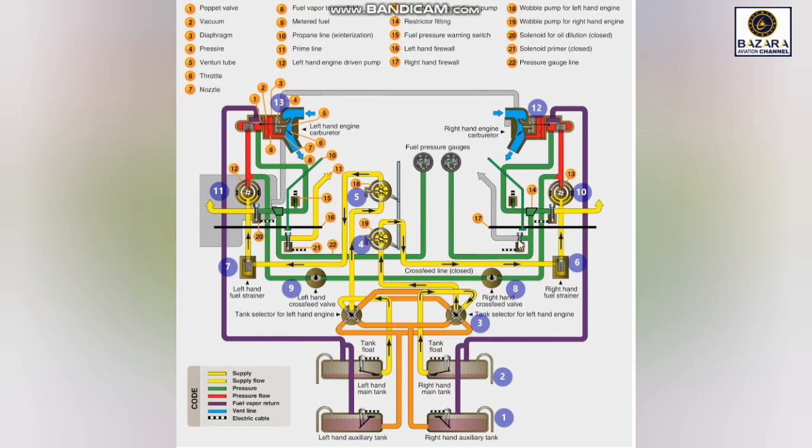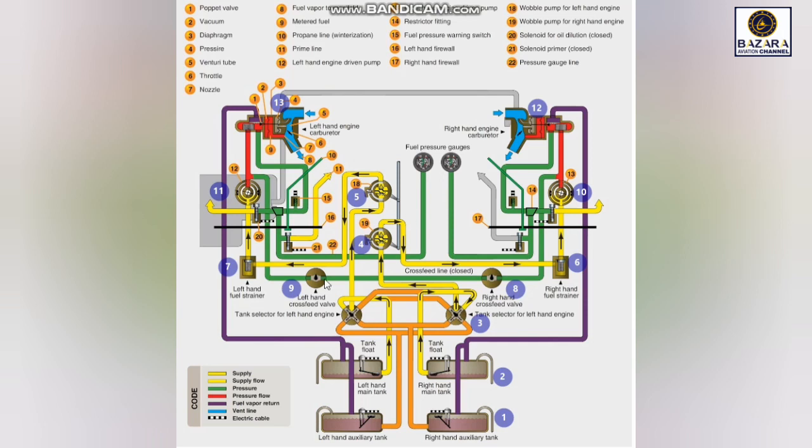So if the left engine needs more fuel, or needs fuel from the right, the cross-feed will be open, and the fuel will go from the right engine driven pump and be delivered to the left engine driven pump, and it will go to the carburetor and enter the engine.